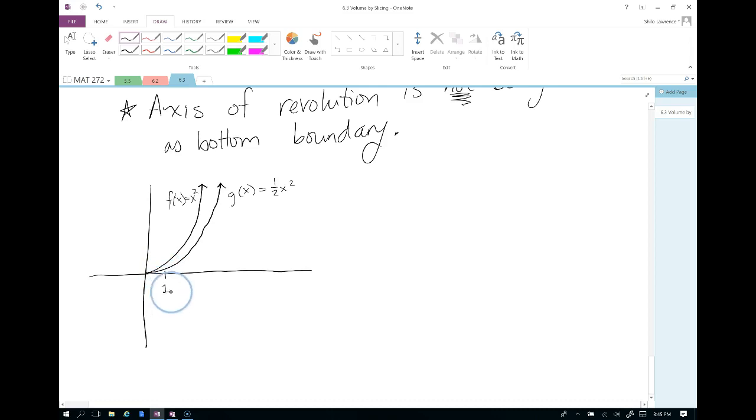So at x equals 1, our f graph is up at 1, but our g graph is at 1/2. And then at 2, the f graph is up at 4, but 2 squared is 4 and half of that is 2, so the g graph is at 2. And then we're going to go ahead and just cut this off at 2, so I'm going to say from 0 to 2.